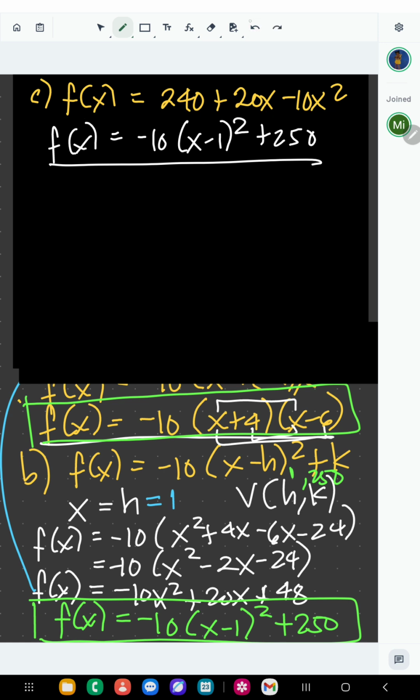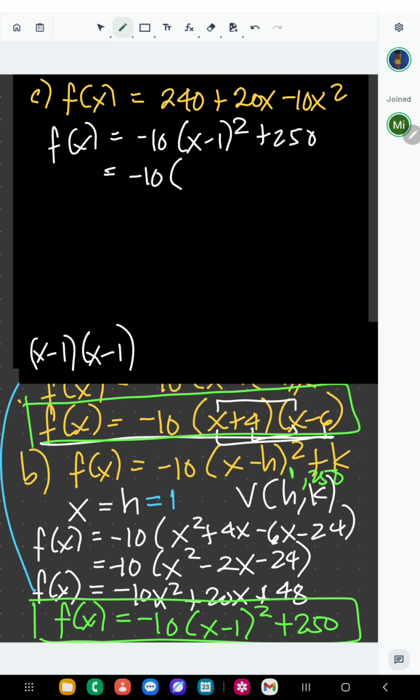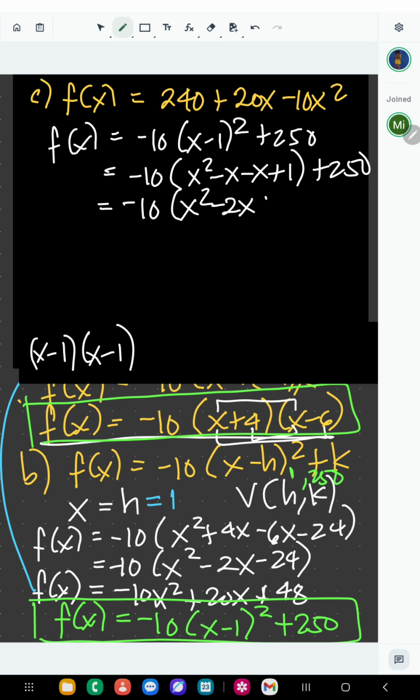So let's expand this. So this is negative 10. What is x minus 1 squared? x minus 1 squared is x minus 1 times x minus 1. So this is x squared minus x plus 1, plus 250. You FOIL that. And this will become negative 10 times x squared minus 2x plus 1, plus 250.